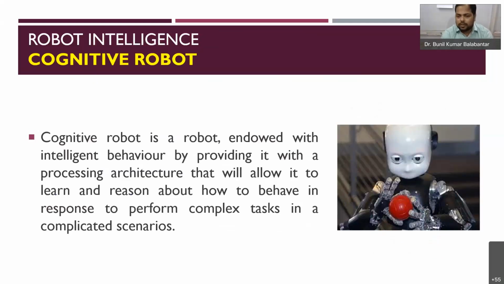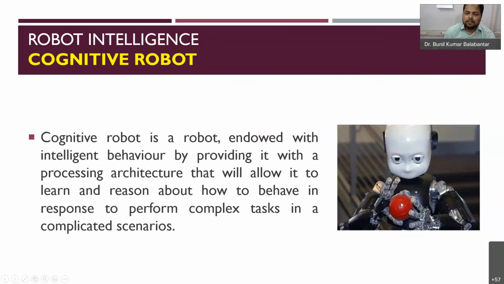Then the cognitive robot is basically an intelligent robot which behaves intelligently like a human being, where there are a lot of complicated scenarios. As a specific example, the robot is holding a ball.